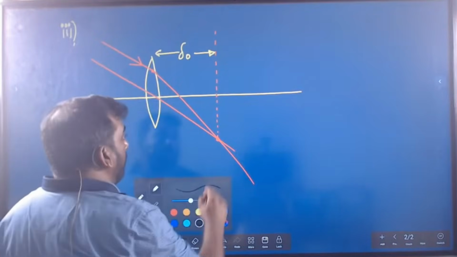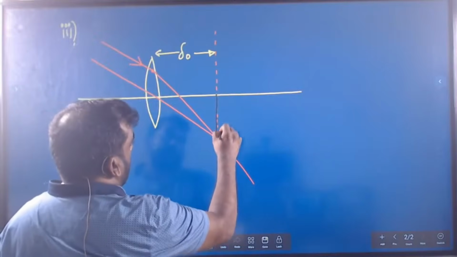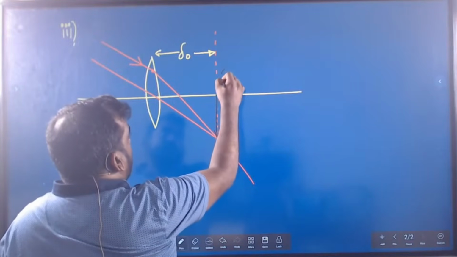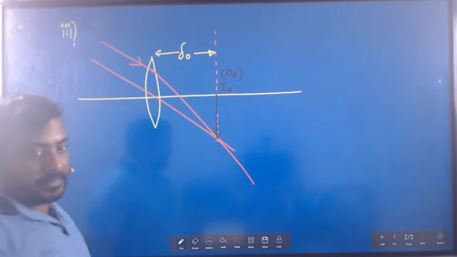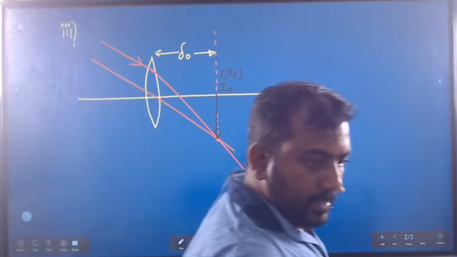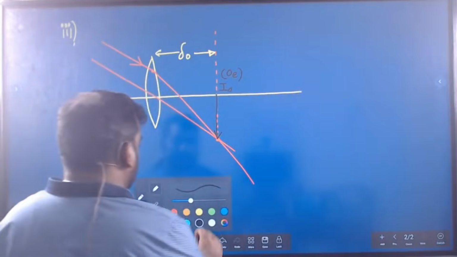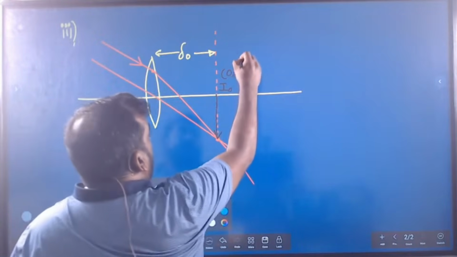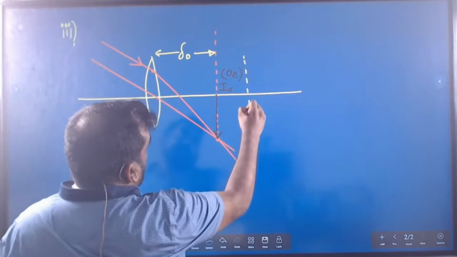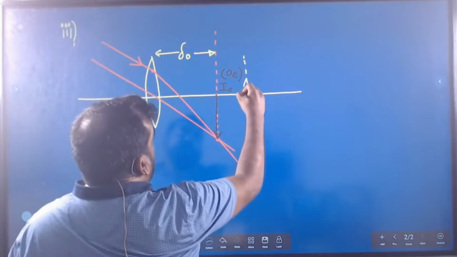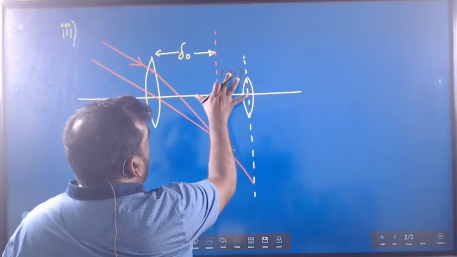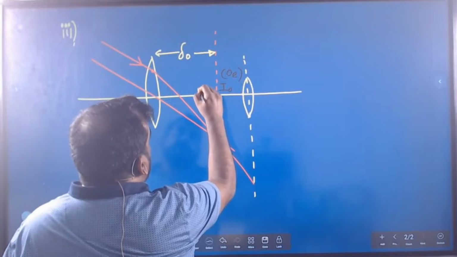Here the image will form. The image of the objective is the object for the eyepiece, right? The final image forms at the least distance of distinct vision. So these are a bit closer. The focal length of the eyepiece is somewhere here.